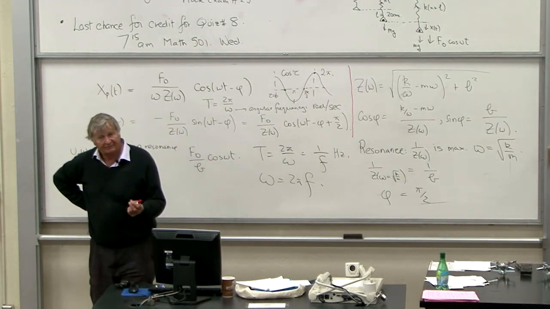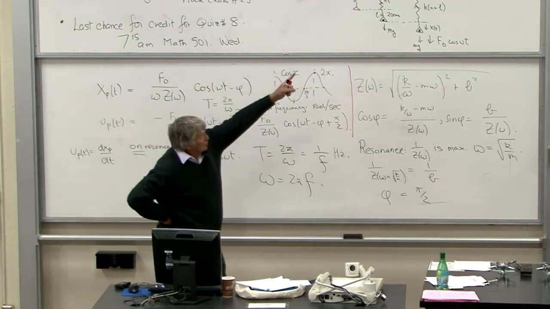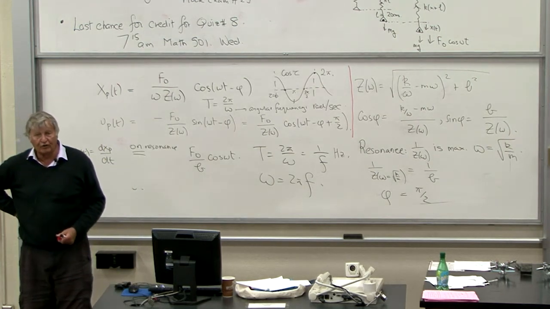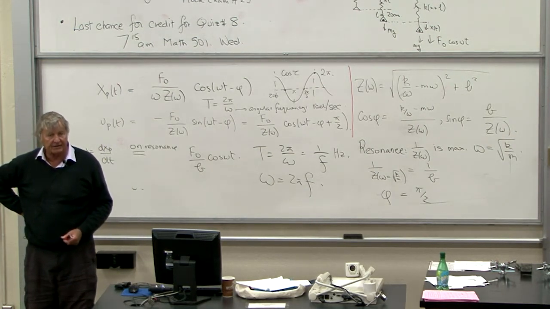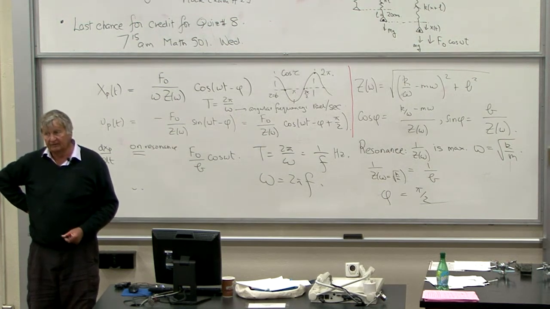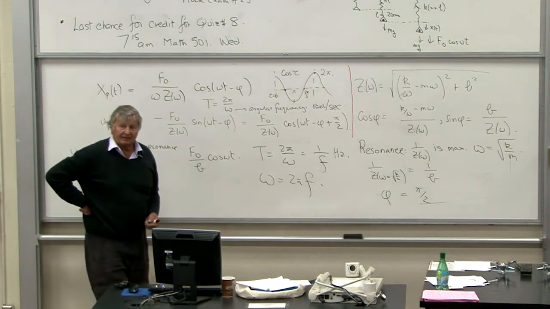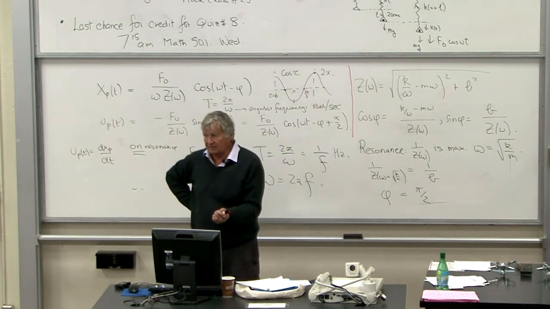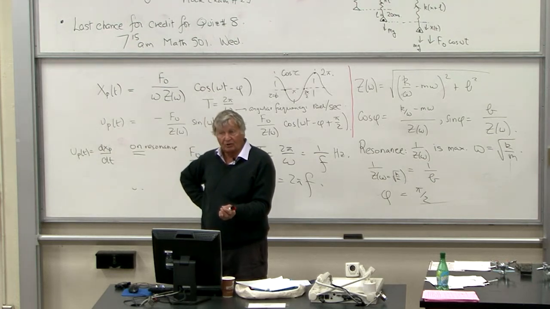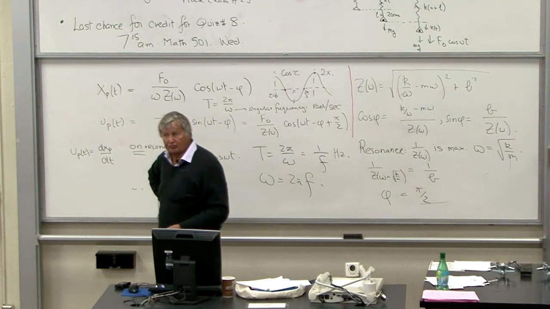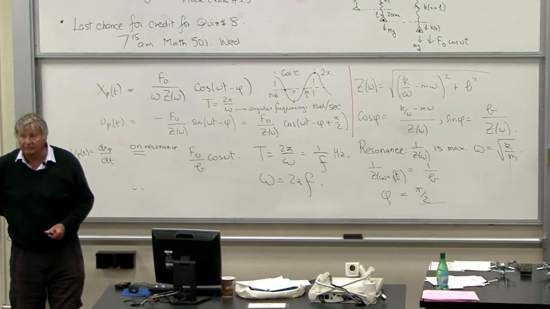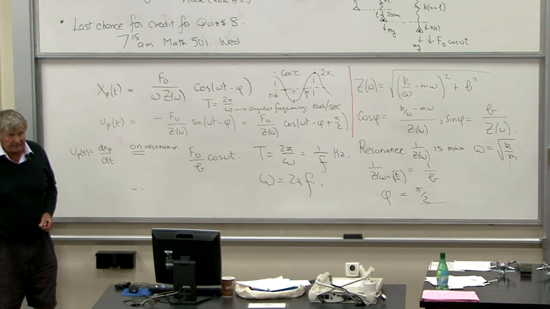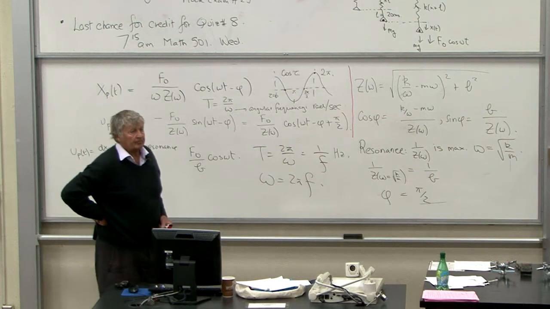The tuner, the root k over m in the case of the LRC circuit, if you recall, was 1 over the square root of L, the inductance, times C, the capacitance. Okay? When the natural frequency of the circuit, 1 over square root of LC, matches the frequency of the exciting radio wave, omega, then you get the strongest response. You get the highest current response. That's like the highest velocity in this case. That's resonance. Okay?